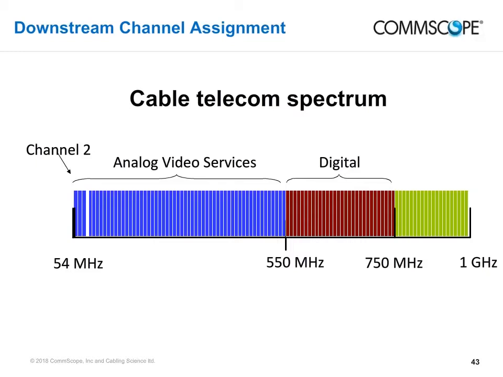This allocation continues for analog video across the spectrum to 550 MHz and is the assignment for analog services. In systems upgraded from 550 MHz to 750 MHz, digital services are usually added to the new bands. This continues with 860 MHz and 1 GHz systems.